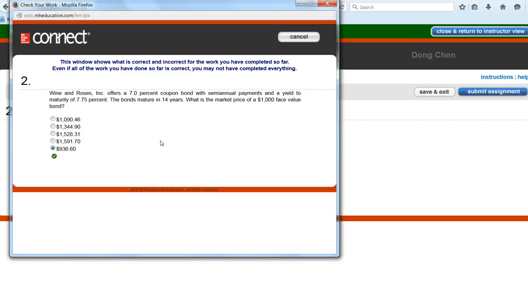So again, the only difference compared with the annual case is now we need to get everything in terms of the periodic input. So for example, if it's a semi-annual coupon payment, then we have to get semi-annual coupon, and then number of semi-annuals, and then the semi-annual yield to maturity as the discount rate.